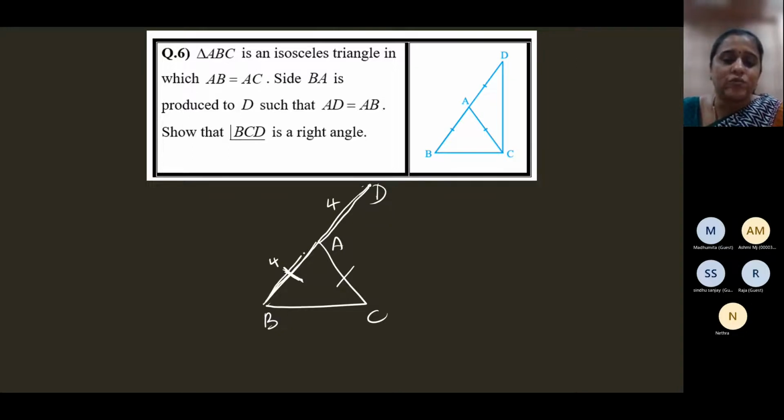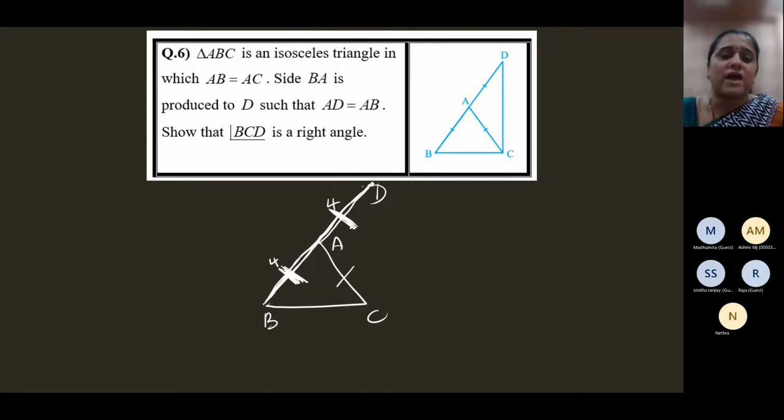That's why they're saying AD is equal to AB.